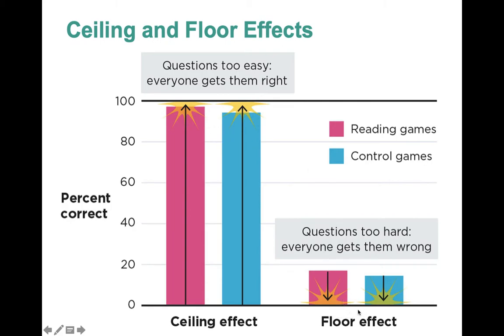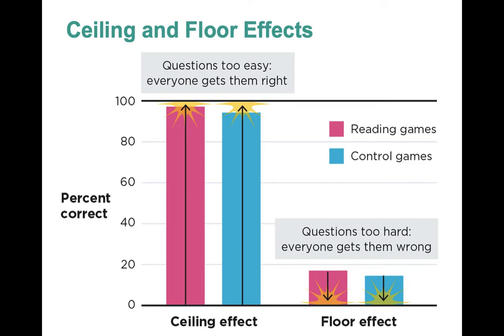So you could have both a ceiling and a floor effect, and this can be a function of a poorly operationalized dependent measure asking performance questions that are either way too easy or way too hard.